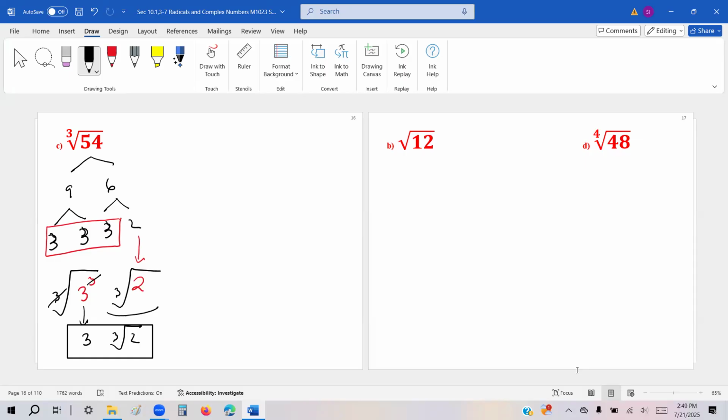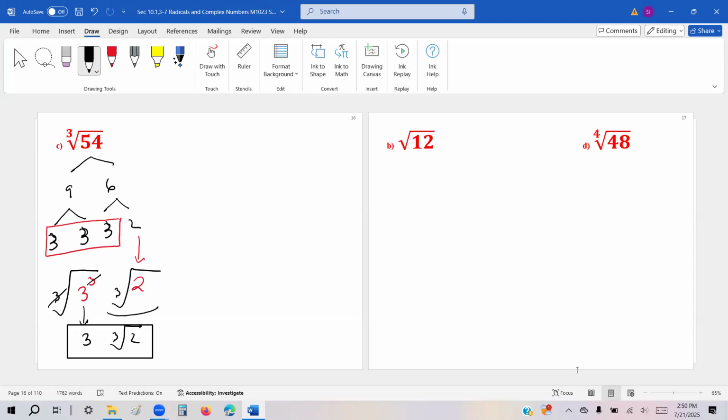So 2, 2, 2 becomes 2. Then how can you choose twice?